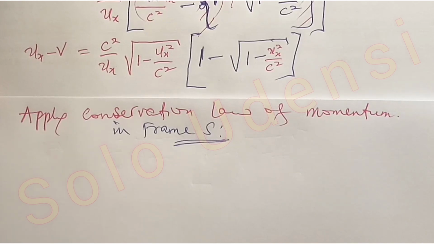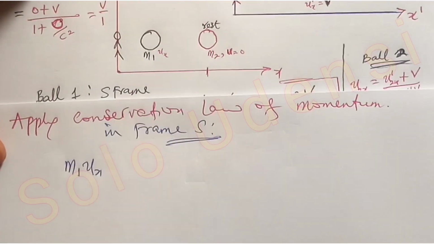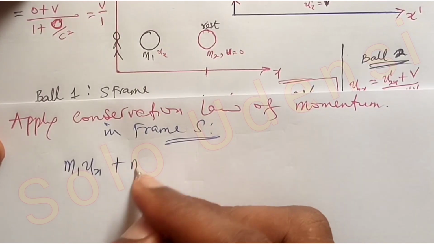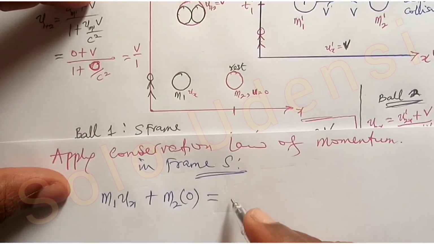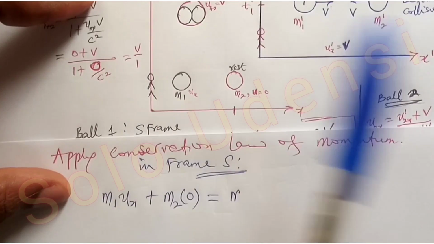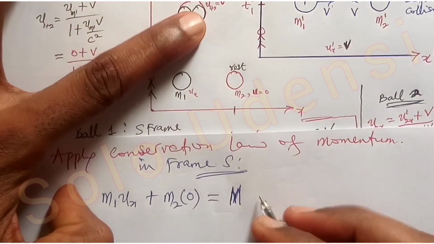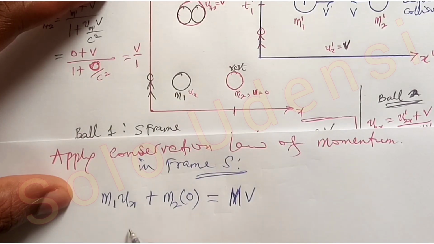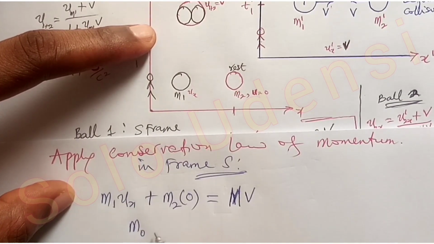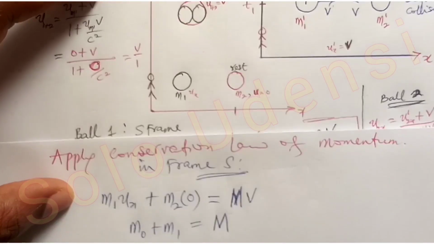So if we do that, you see that the momentum before collision will be m1 ux, that we are looking for, plus m2 velocity is 0, is equal to the mass now is big M, not big M prime, big M times V. And you know already from here that M0 plus M1 is equal to that capital M, 2 of them bunched to give us this.